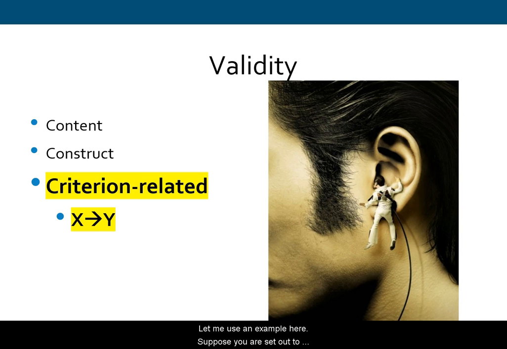Suppose you're set out to hire a singer to record a record. Having a good voice probably best predict being a good singer. The applicant's height, on the other hand, probably won't predict singing abilities. So the predictor, having a good voice, in this case, have a better criterion-related validity because it's more related to your goal.